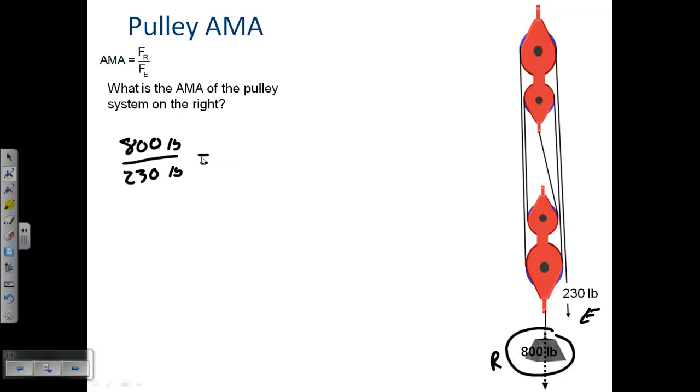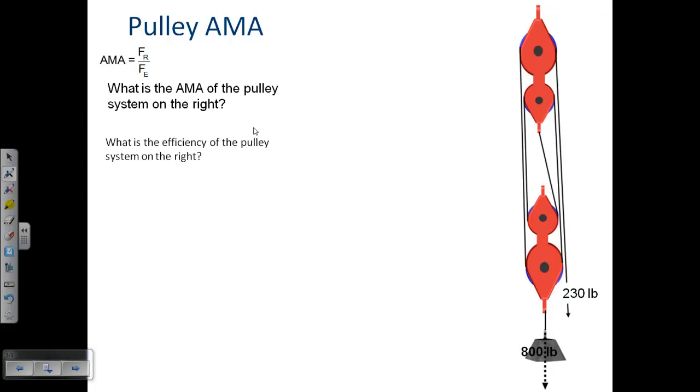And that equals 800 divided by 230. That equals 3.48. So 3.48 is my actual mechanical advantage.